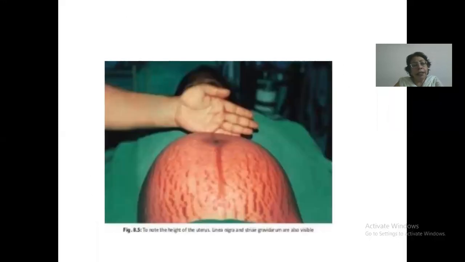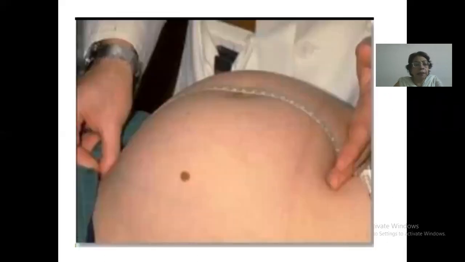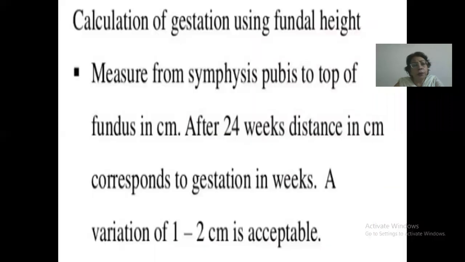Now this is precisely how you do. You can see the ulnar border of your hand and with dipping movements, you see the fundal height and how to divide the weeks of gestation that we have talked about in the previous lecture. Now this is noting down the abdominal girth which I've just told you.